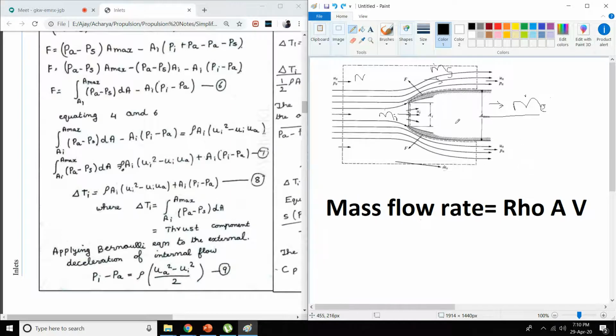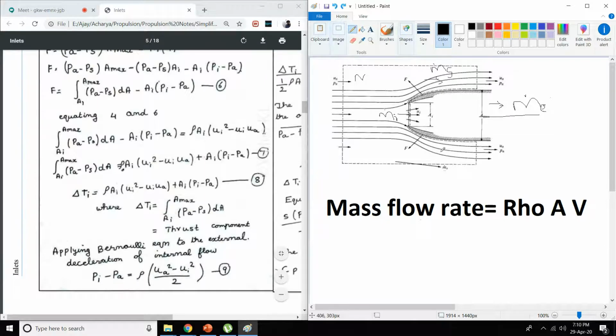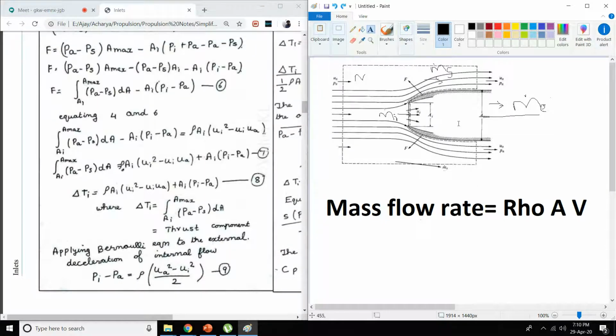So now, again, you have two areas, you've got your force equation. Now you will try to apply your Bernoulli's equation. Bernoulli's equation will be your energy equation.